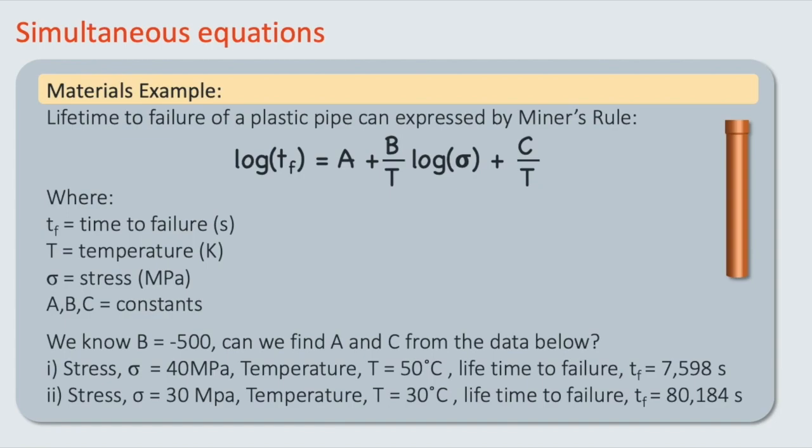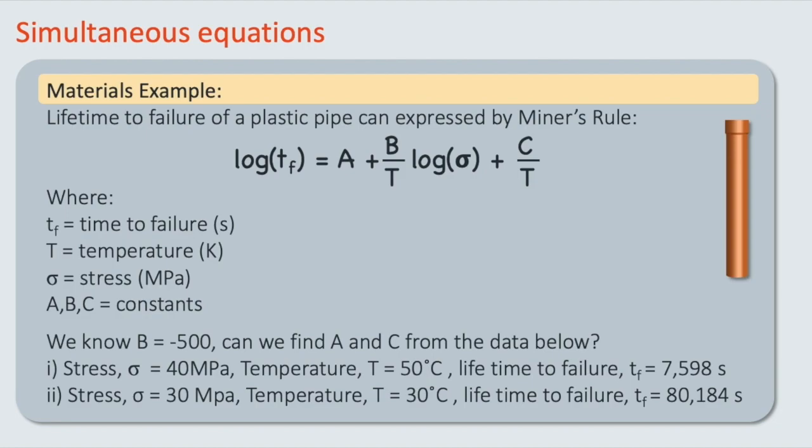And when a given pipe is subjected to operational condition 2, where stress applied is 30 megapascals, operating temperature is 30 degrees Celsius, the lifetime to failure is 80,184 seconds. Using these values from the two operational conditions and the Miner's rule displayed, we can find constants A and C by solving simultaneous equations.